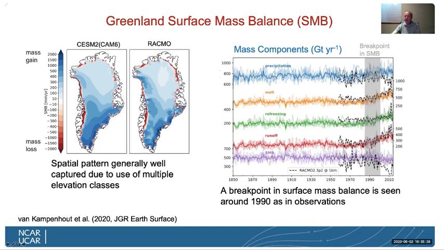And our land ice folks were quite happy to see some kind of breakpoint. You can see a reduction in the surface mass balance, although in the RACMO simulations that's mostly associated with precipitation. In our own simulations, you don't see much of a decline in precipitation, but all of the other components conspire to get some kind of breakpoint here.